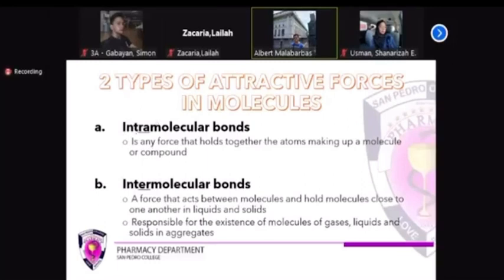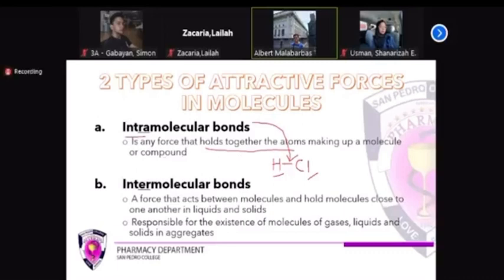Pag sinasabi nating intra, it is the force that holds the atoms together. For example, sa isang compound, let's say we have the compound HCl. The force between hydrogen and chloride, it is what we call as your intramolecular bonds. So between two atoms.